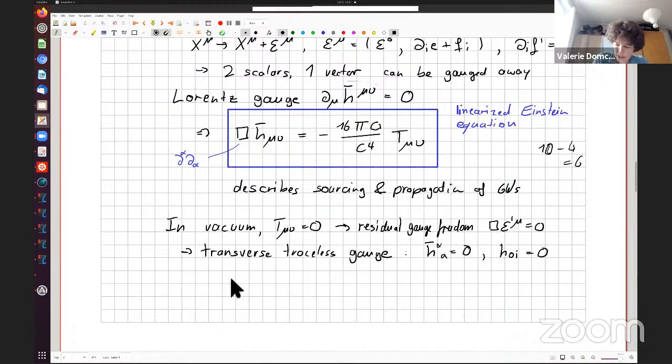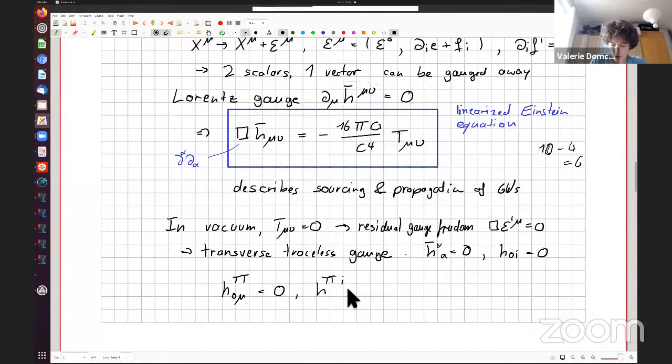At the end of the day, if you add this condition and the Lorentz condition, it results in the following conditions. In this transverse traceless gauge, as soon as you have one time-like index, the component is 0, and also the trace is 0.